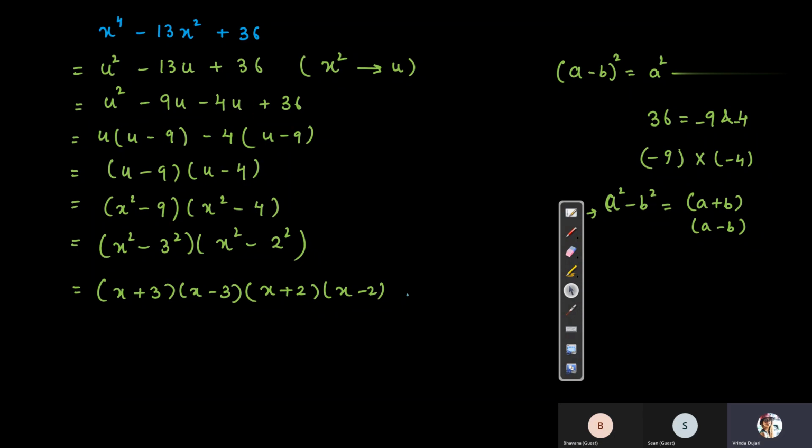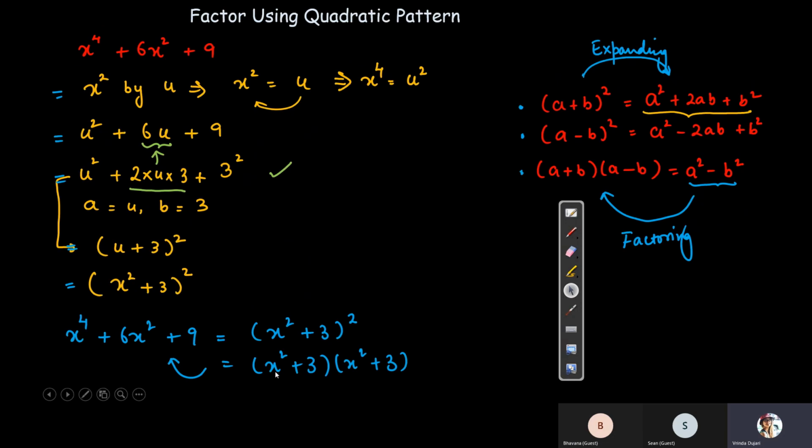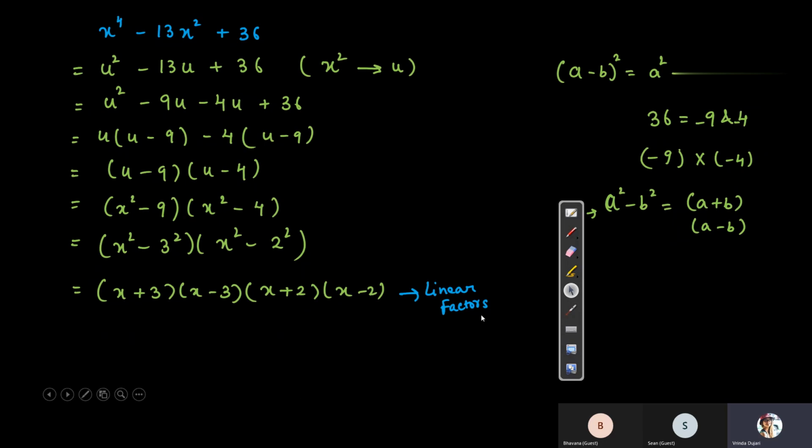So these are now linear factors. We will always try to factorize till the point we are getting linear factors. But here we cannot factorize these two further. This one can be factorized into quadratic factors. These are quadratic factors, and the next ones you have are linear factors.